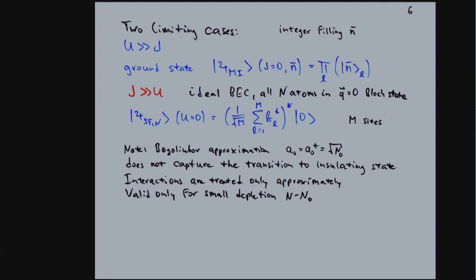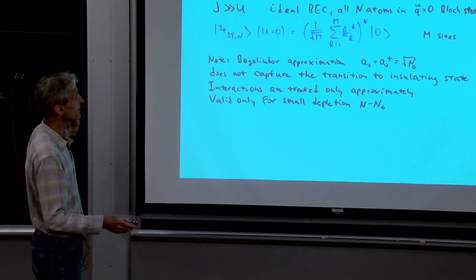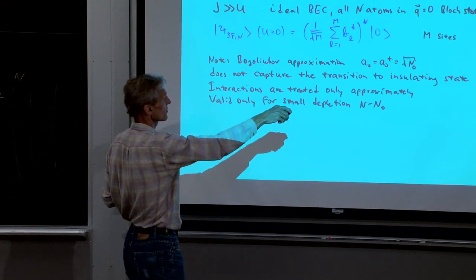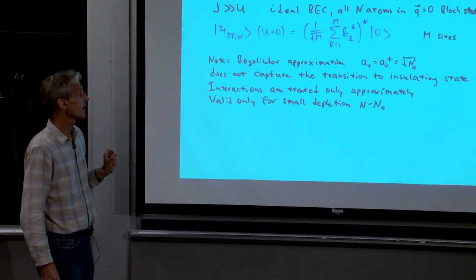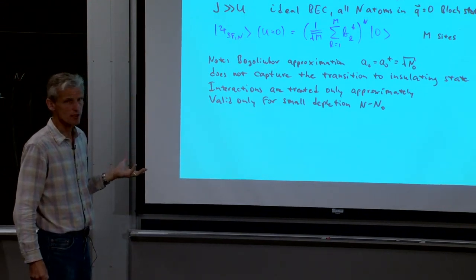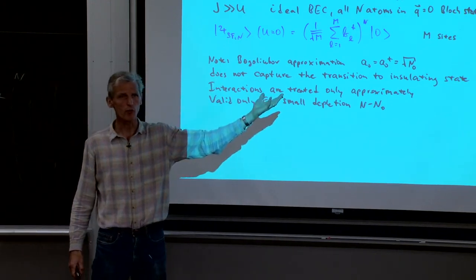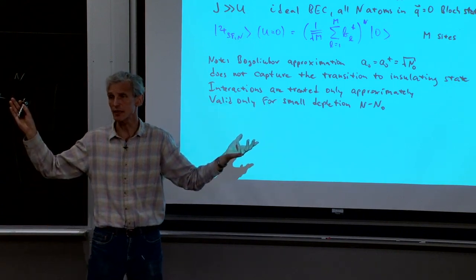The interesting question, and this has led to hundreds, if not more, papers in the literature, is how do we go from one limit to the other? Now you would say, well, maybe we should use what has worked so well: the Bogolyubov approximation, just assume we have a condensate, and replace all those a0 operators for the lowest Bloch waves. However, this doesn't work, because the interesting thing here is to find the transition from the superfluid, from the Bose-Einstein condensate, to an insulating state.